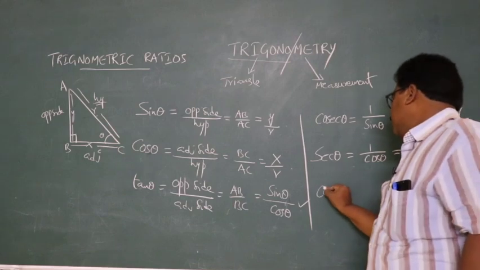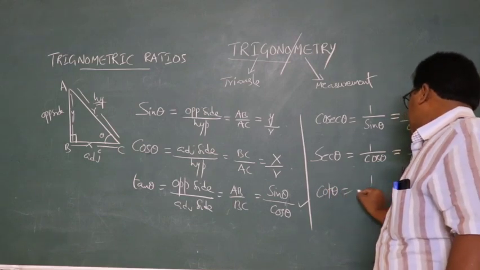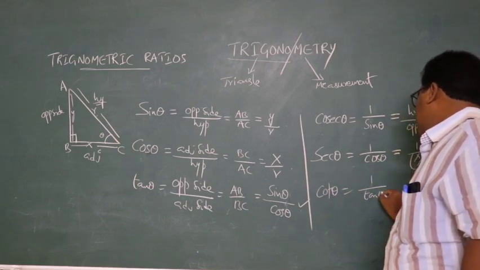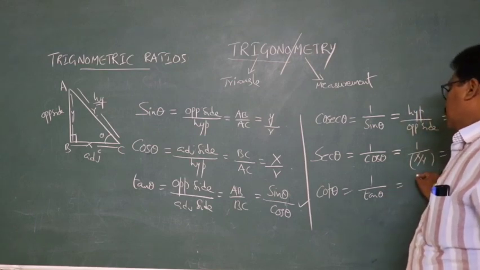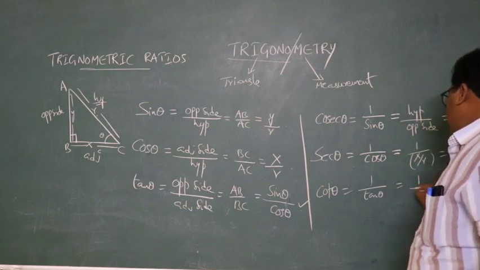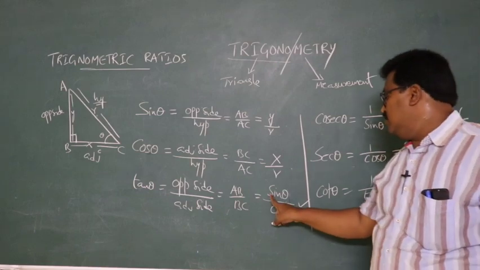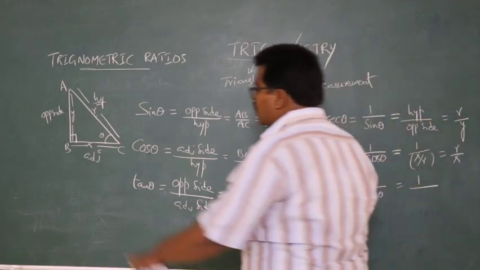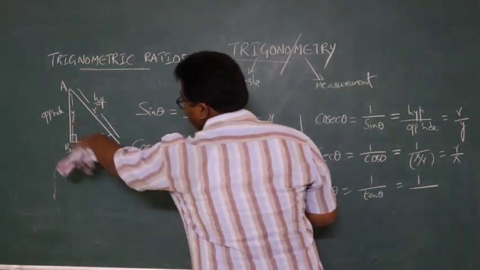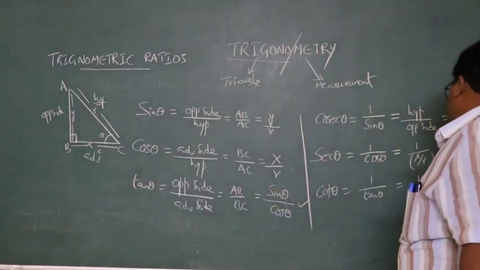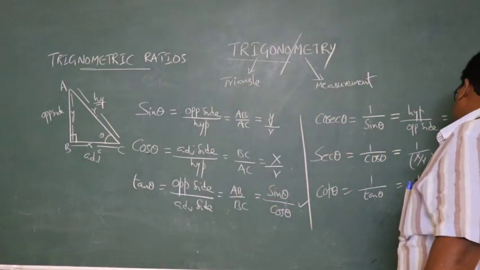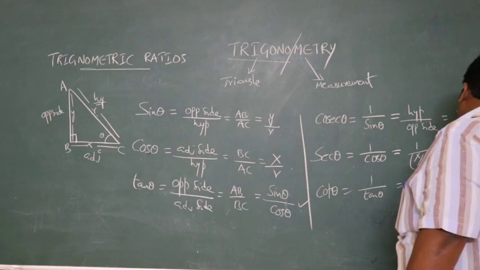The last one, cot theta, is the reciprocal of tan theta, that is 1 by tan theta, meaning cos theta by sin theta, or adjacent by opposite, that is x by y.